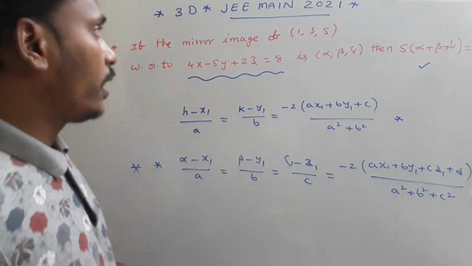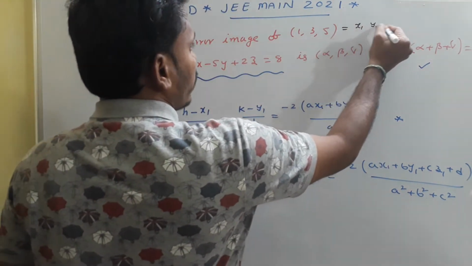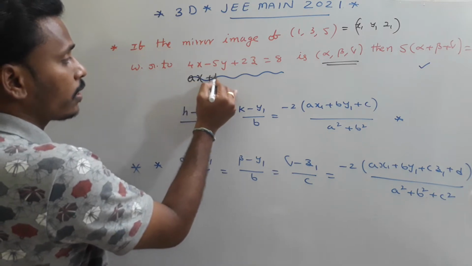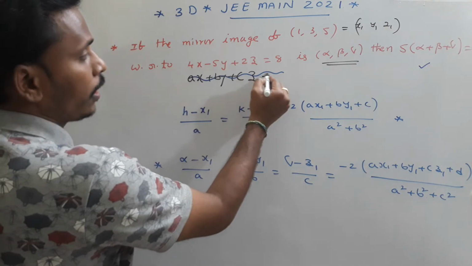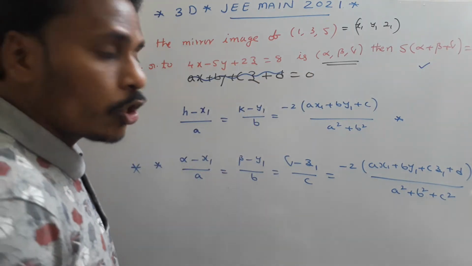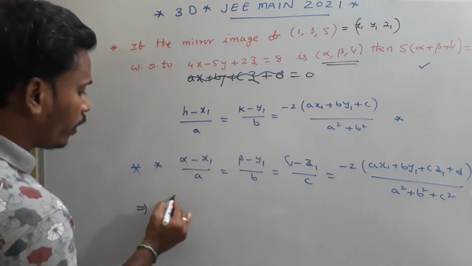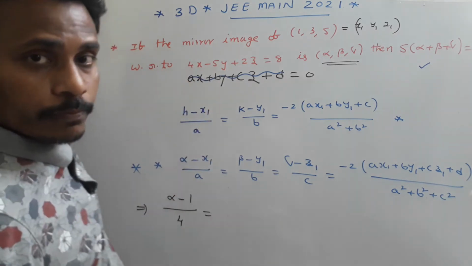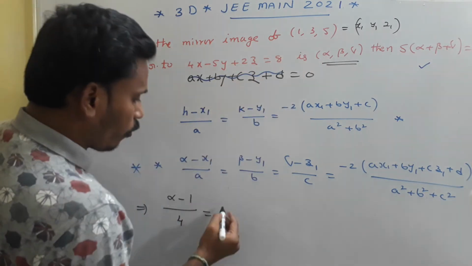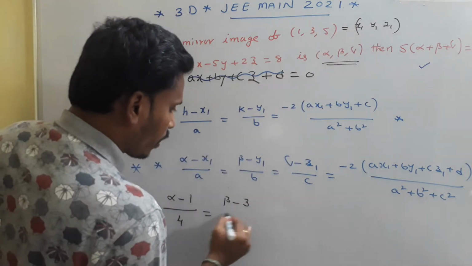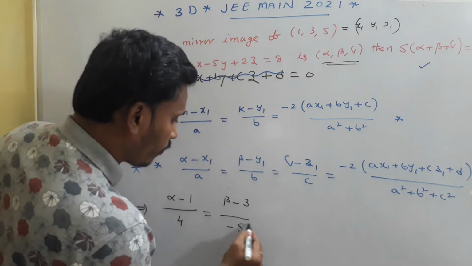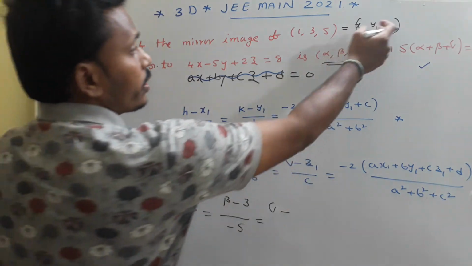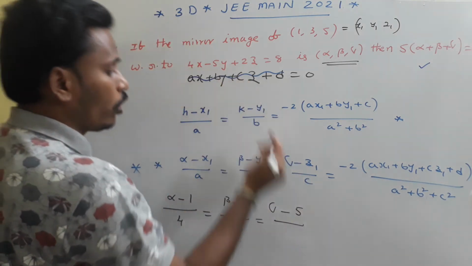Okay, so we need to compare. Take the given point (1, 3, 5) as (x1, y1, z1). (Alpha, beta, gamma) is the required image we need to find, and we compare the given plane equation with ax plus by plus cz plus d equals 0. So comparing, in the next step, this implies alpha minus x1, which is 1, divided by a, the x coefficient 4, equals beta minus y1, which is 3, by b, the y coefficient which is minus 5, equals gamma minus z1 (gamma is the z coordinate of the image we need to find, z1 is given as 5) divided by c, the z coefficient which is 2.